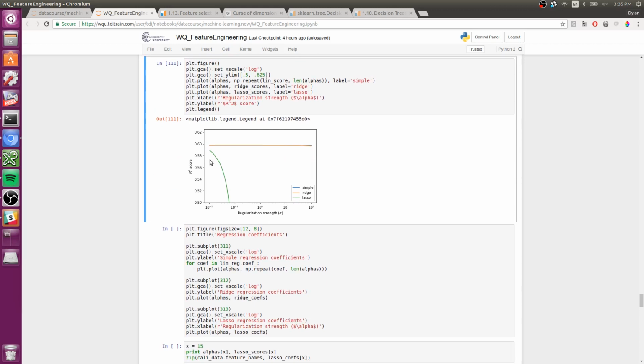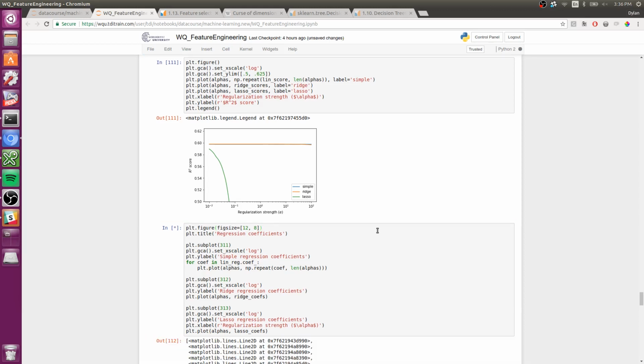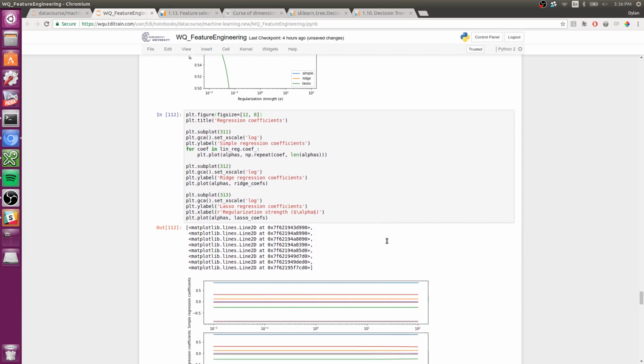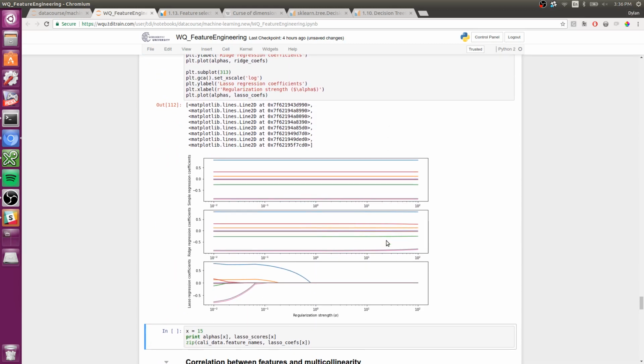So why is lasso so dramatically different from ridge if they're both regularized linear regression? Crucially, ridge regression biases the coefficients towards 0. As we increase the strength of the regularization, we see some of the coefficients starting to tend towards 0.